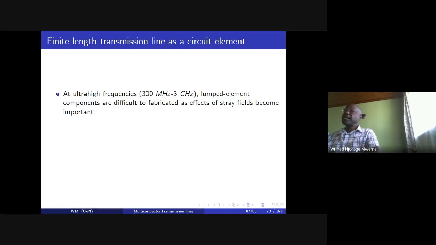Now, at ultra high frequencies, that is from about 300 megahertz to 3 gigahertz, any lumped element components, such as simple resistors you get in the lab, inductors which have been coiled into a lumped kind of circuit, or capacitors such as electrolytic capacitors and the tantalum ones and so forth, will be very, very difficult to fabricate at high frequencies.